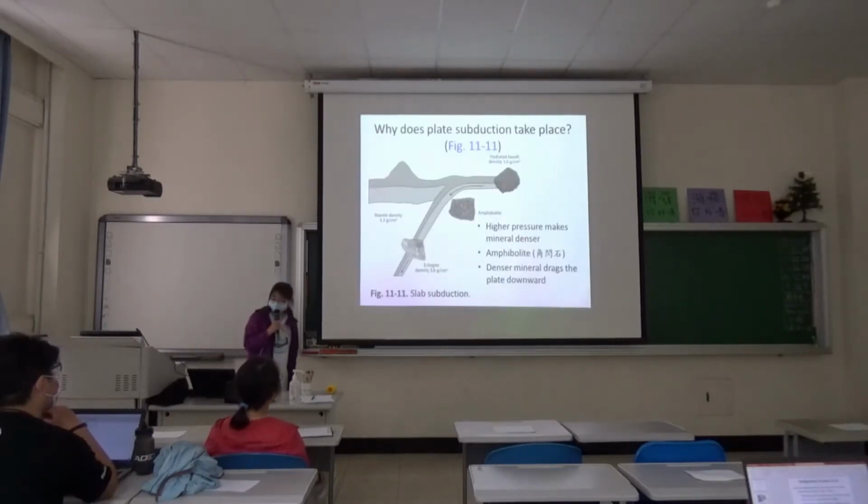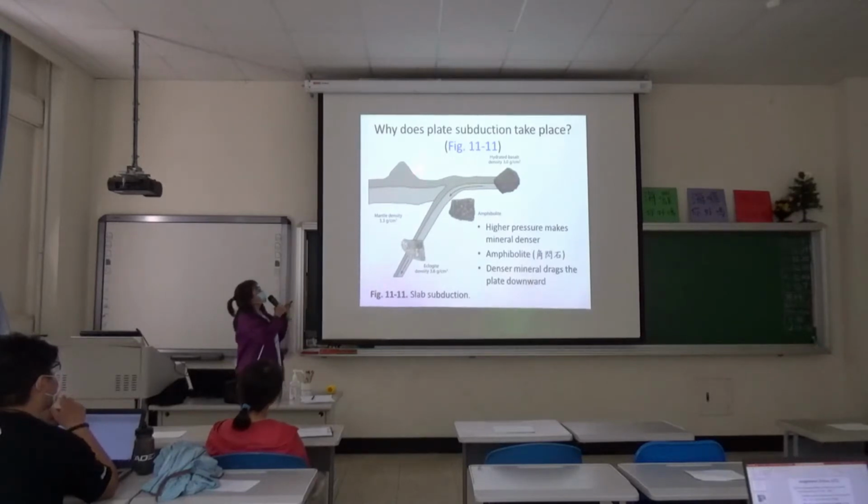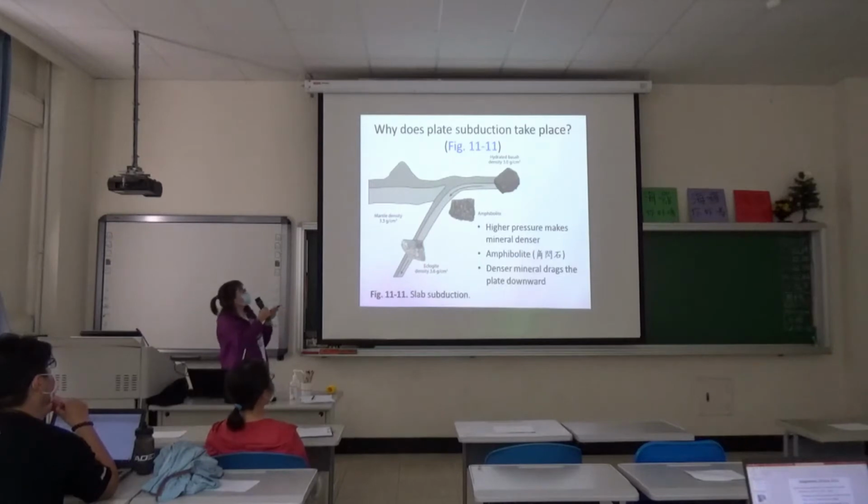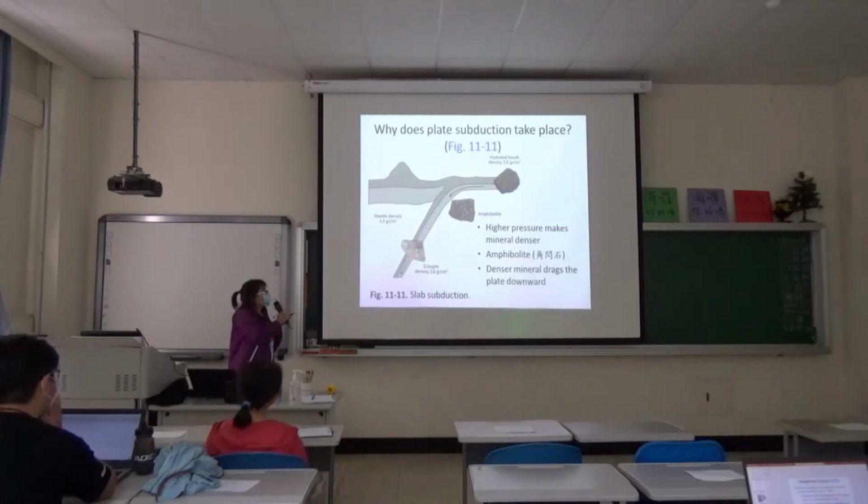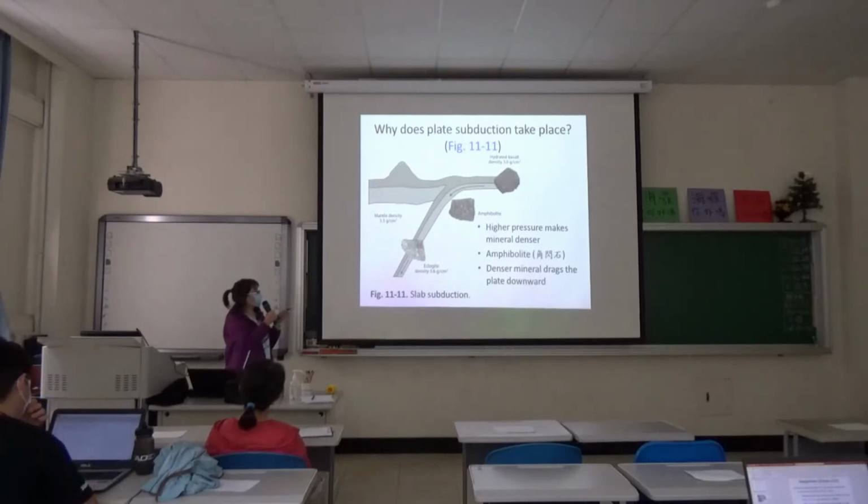And the third question is, why does the plate subduction take place? This is the subduction. The rock here, because the pressure is higher, and the higher pressure will make the mineral denser.